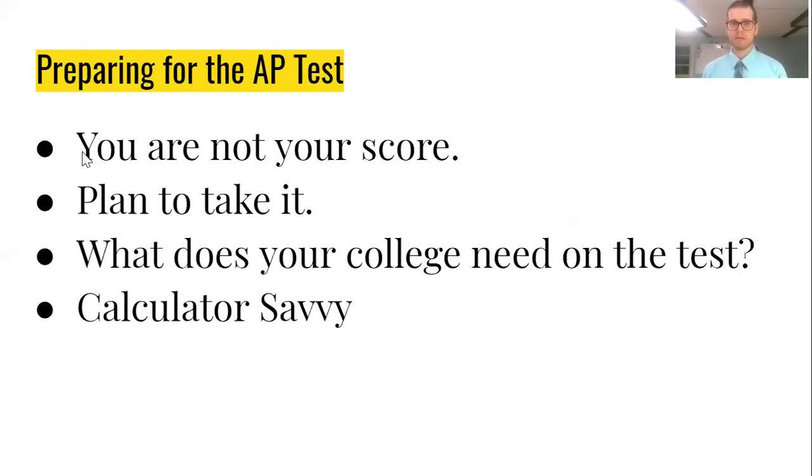So no matter what you get, whether you receive a 5 and full credit at pretty much every university in the nation, or you get a 3, which gets some, or you get less than a 3, whatever, you are not your score. You will know a lot of calculus by the time you're done with this class. And no matter what score you get on the AP test, you still know calculus. So be aware of that, embrace that, and know that it's gonna all be all right.